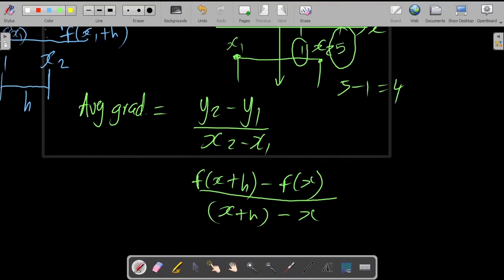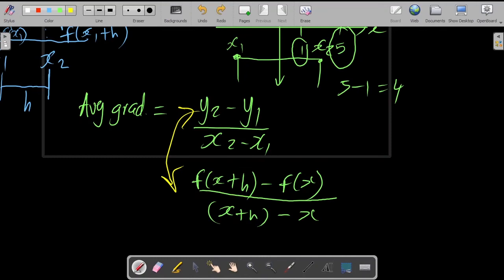So these two things are exactly the same, just that in this new notation, we are now writing one of the x values with reference to the other. So this x value is h units away from that one.